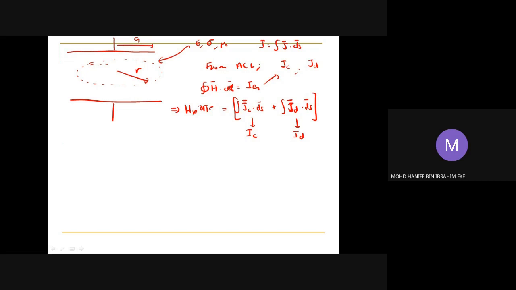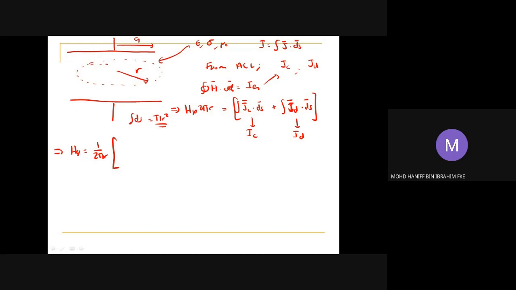So from here, H phi will equal 1 over 2 pi r times the integrations. The JC dot ds will be the current passing through this cross section of your Amperian loop. Since the loop has a radius of r, the integration of ds for both terms will equal pi r squared, because we have a circular plate structure.